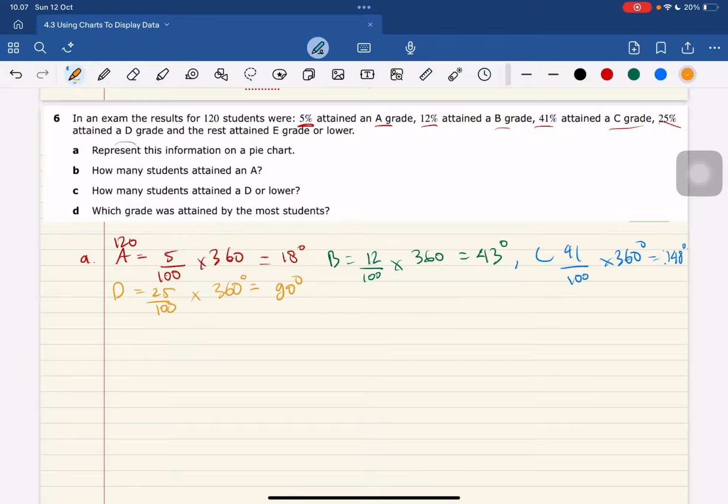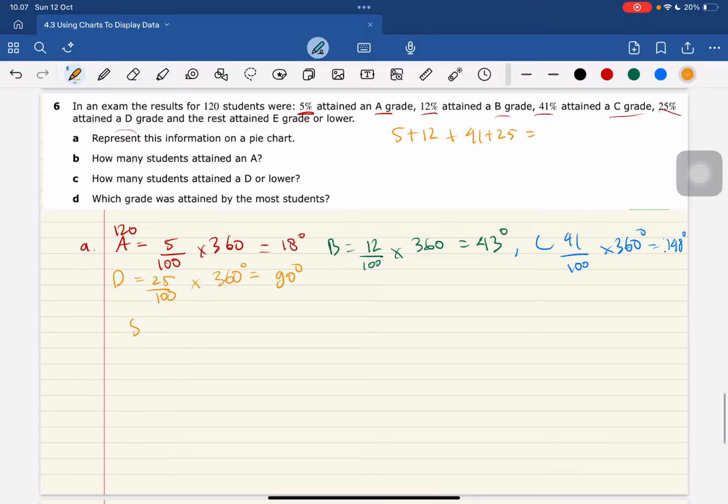So we got 5 plus 12 plus 41 plus 25. Okay, we can count it from here.